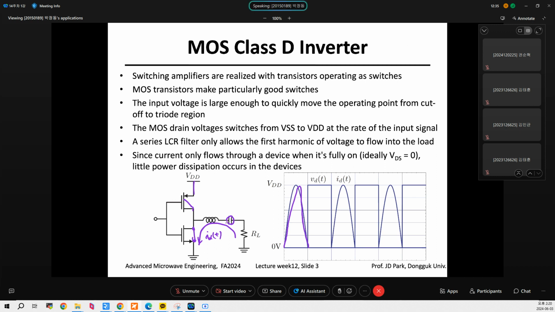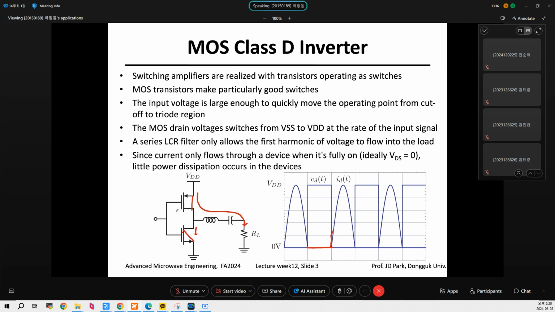And once it's discharged, then it started to switch to this way, right? Then it started to recharge, right? So since there is no current conduction path to here, then ID is 0 at this point.